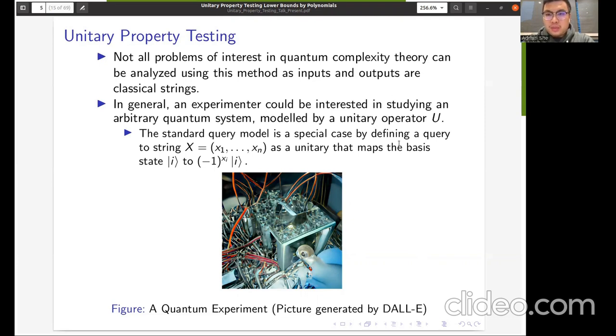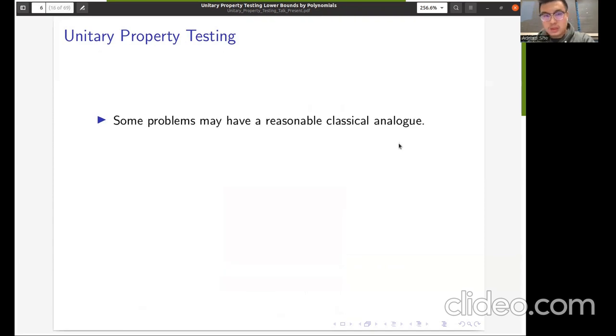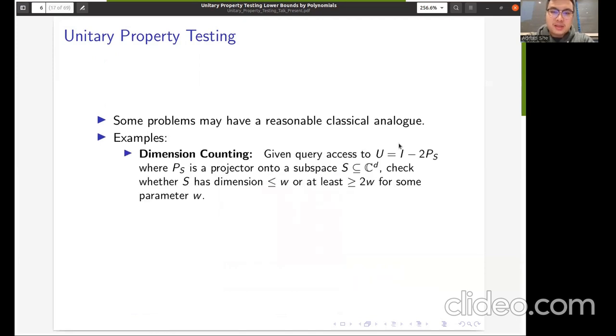So what are some examples of these unitary property testing problems that aren't captured by the standard string model? Some of these problems might actually have a reasonable classical analog. For instance, in the dimension counting problem, one is given access to a unitary of the form I minus 2P, where P is a projector onto a subspace.